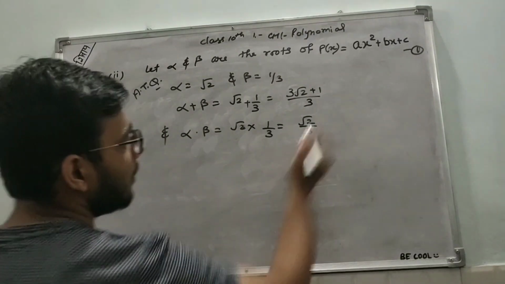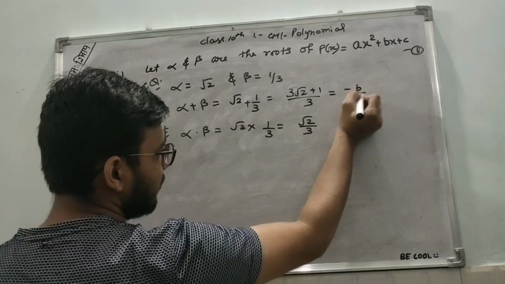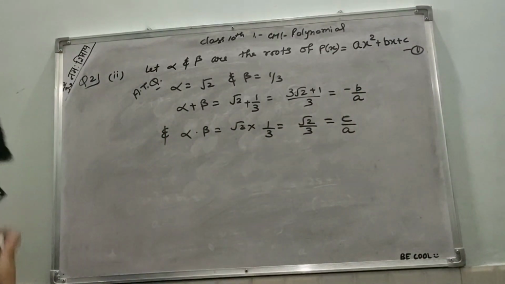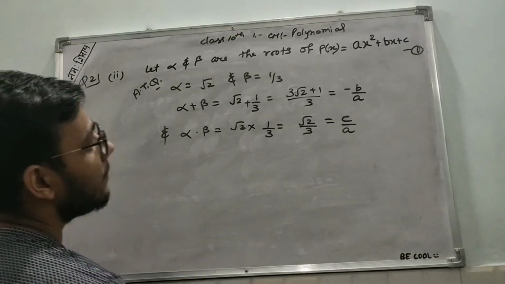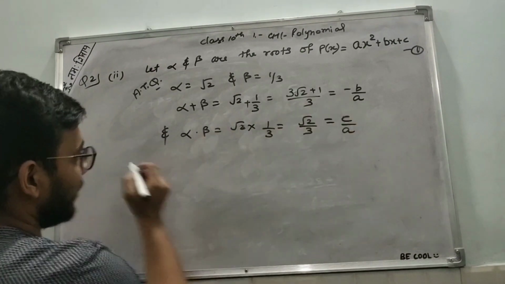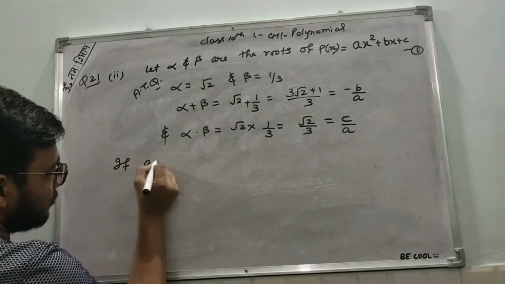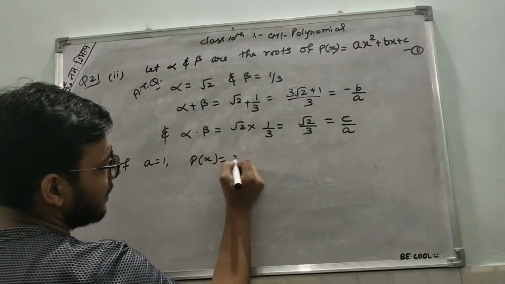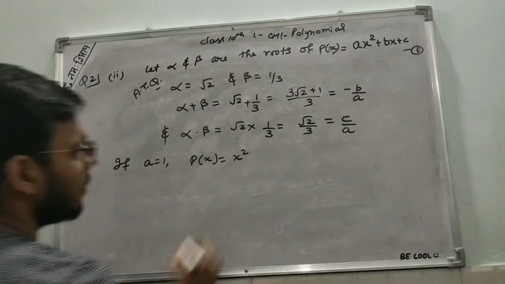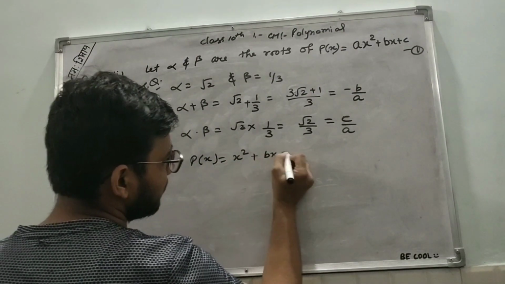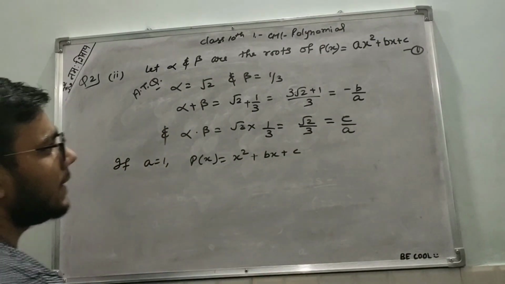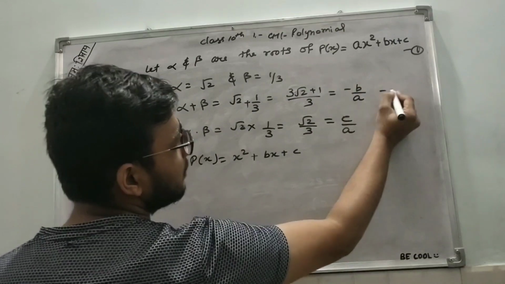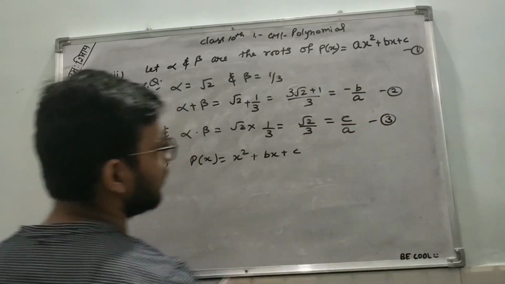Now, according to the relationship, the sum must be equal to minus b by a and the product is equal to c by a. Let us suppose in p(x) a is 1. If a is equal to 1, then p(x) becomes x² + bx + c. Put a equal to 1 in second and third.